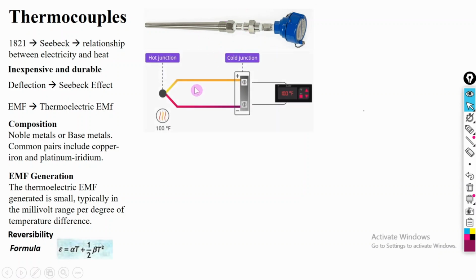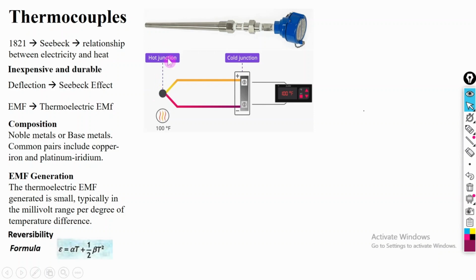So inside this device we have two conductors, and these conductors are connected here to this hot junction. This junction is called the hot junction because here we provide the external heat to this side of the thermocouple.